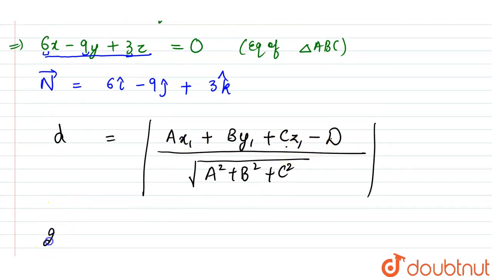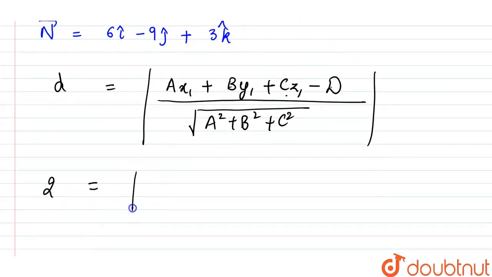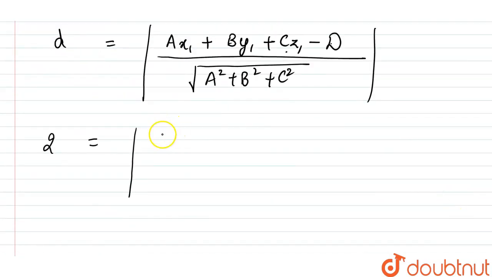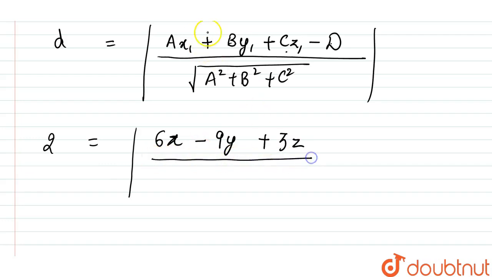So the given distance is 2, and the equation of the plane that we have obtained is 6x minus 9y plus 3z. This is 6x minus 9y plus 3z, divided by, now we have the point PQR, so we can put it here in the place of x1, y1, z1.